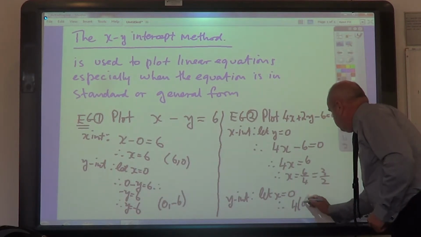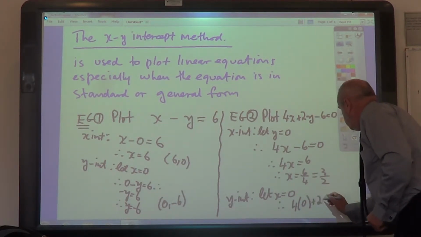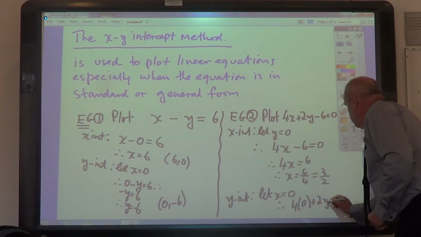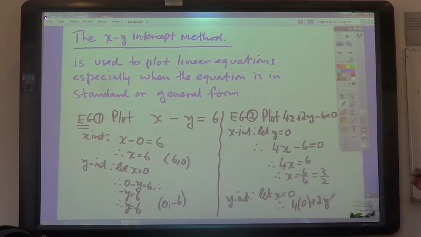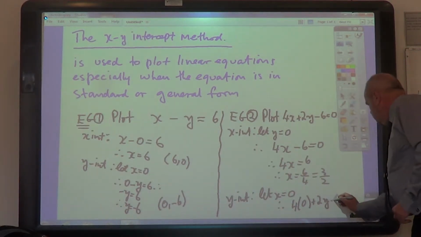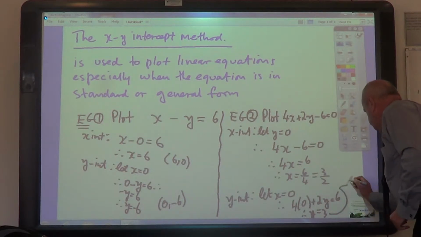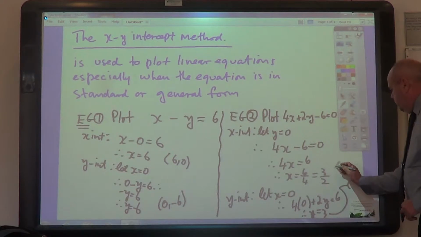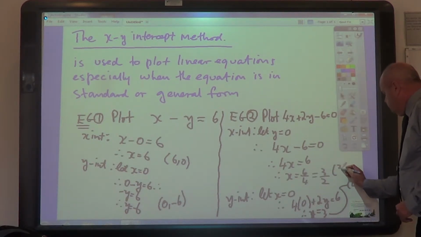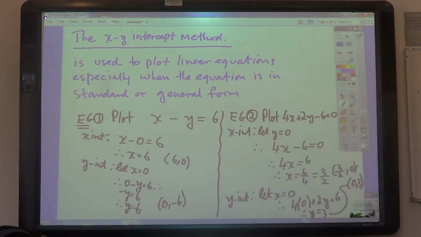I'm going to write it out in full, but at the same time, I'm going to add 6 to both sides, okay? Therefore, Y equals 3. And my Y-intercept is (0, 3). I didn't actually write this down as an X-intercept, which is a bit of an omission. So, (3/2, 0). And that's how we find our X and Y intercepts.